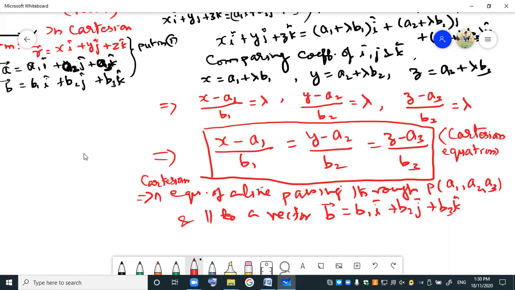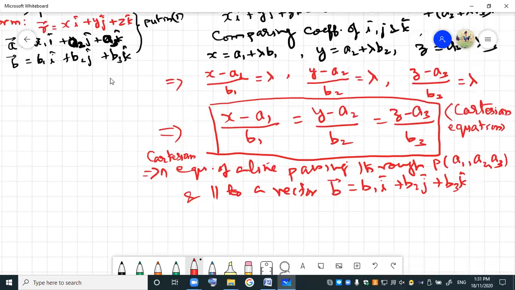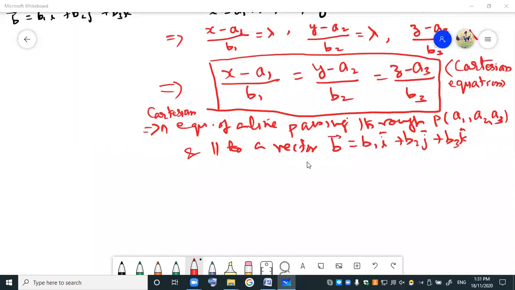One more thing: if we have to write any point on this line, we can find the value of x, y, and z. Try to understand my point. If we have to find any point on the line, you need too much time to study 3D.